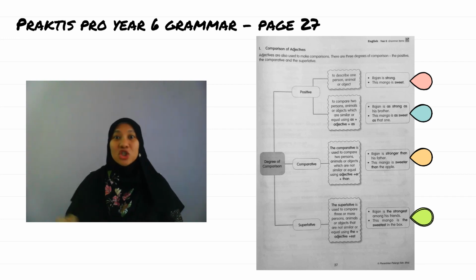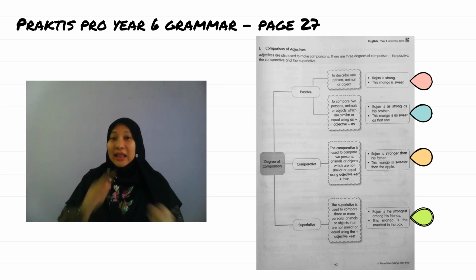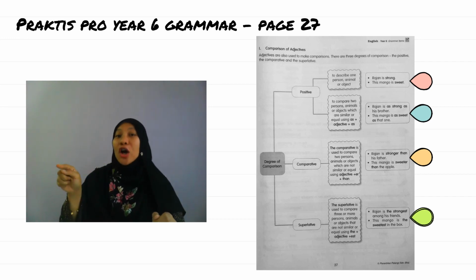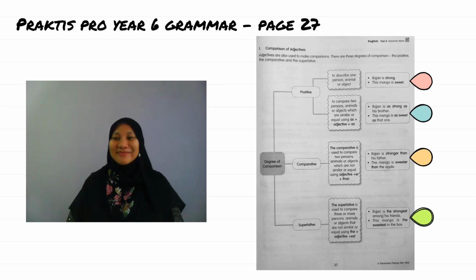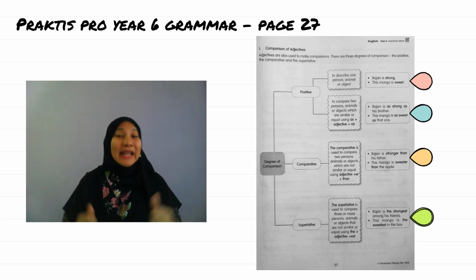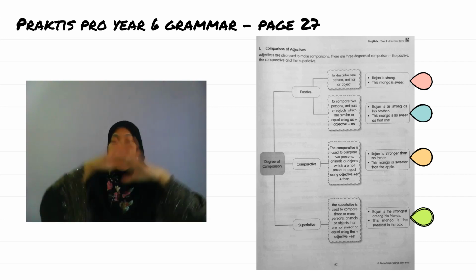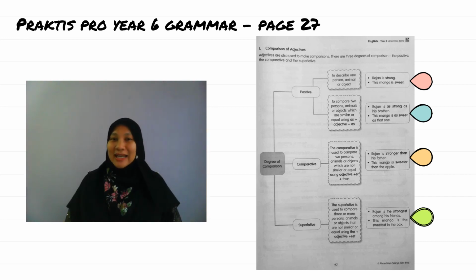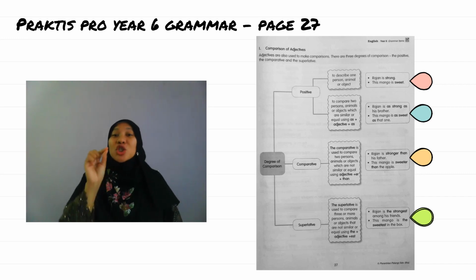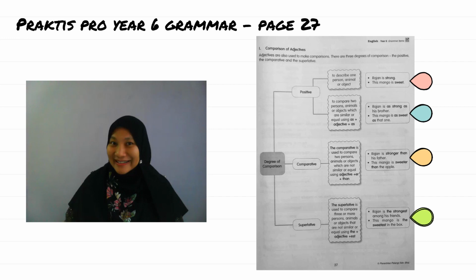Rajan is the strongest among his friends. The strongest. The mango is the sweetest in the box. The mango, compared with all mangoes in the box, is the sweetest in the box. Get it?